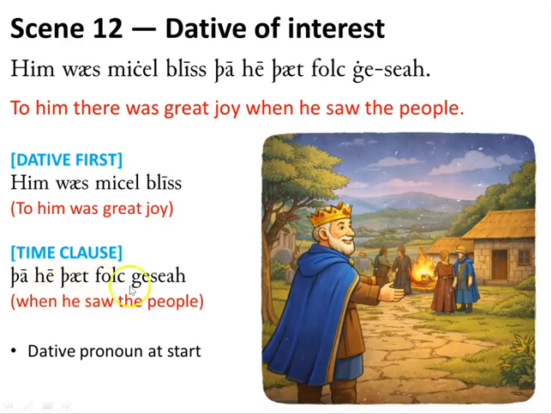Tha hey that folk yesech. Okay, so again, we've got a tha here, which triggers a subordinate clause. Dative pronoun at start, and a whole video on just this one thing. There's dative at the beginning and explaining sentence structures like that and what happens when you see them. Okay, a whole video just on that. Won't be a long video like this one, that's for sure.